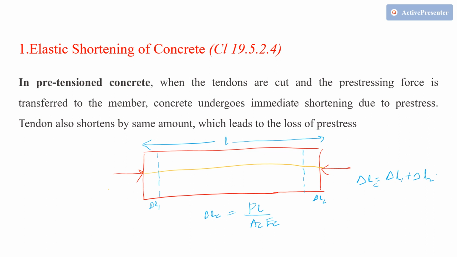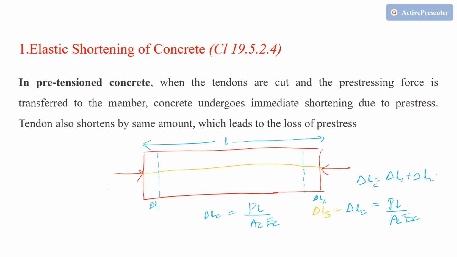That much reduction has occurred to the reinforcement also, so that I can write delta Ls is equal to delta Lc, which is equal to PL by Ac into Ec, because that much reduction had occurred for the steel also.